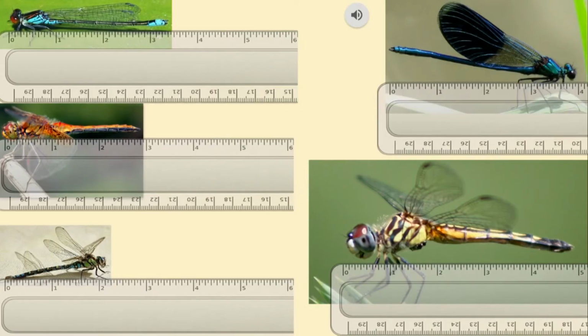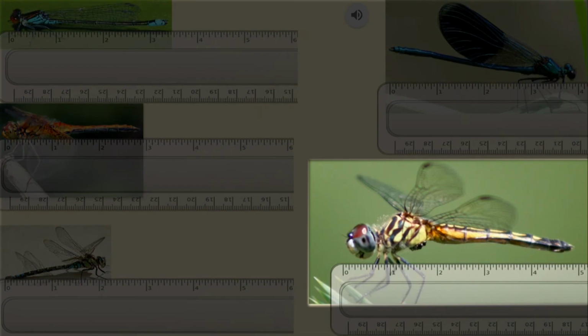Now looking at this bottom dragonfly, is his tail closer to the 4-inch mark or closer to the 5-inch mark? If you look very carefully, you will see that it is just a little bit closer to the 5-inch mark. So we'll say that this dragonfly is about 5 inches long.